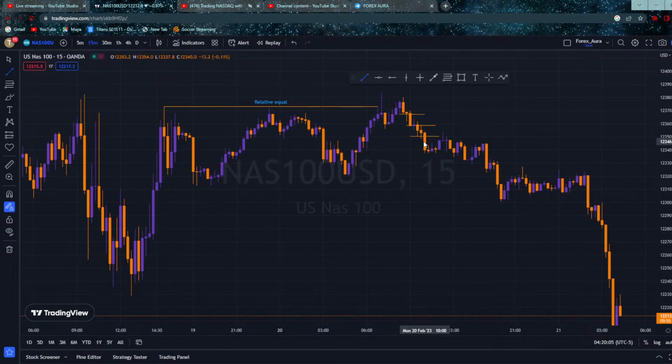And saw this nice fair value gap here. You have your order block right there, and then there's this tiny one, where the market did retrace with this candlestick into that order block, then went down.